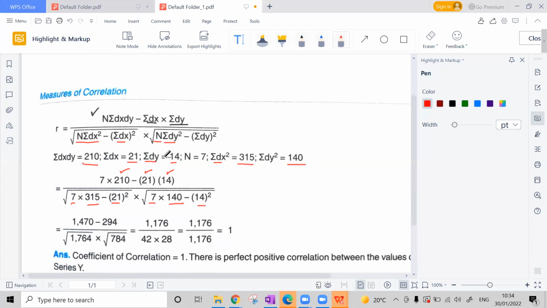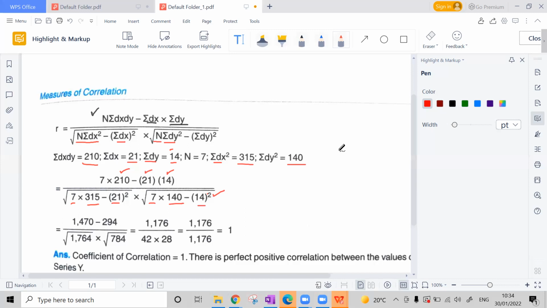Here dy is 14, so I have put in 14. Note this down kindly, everyone. These calculations should be noted so that it will be easy for you to understand. Noted, everyone? Yes, sir. We're waiting for others to note down.